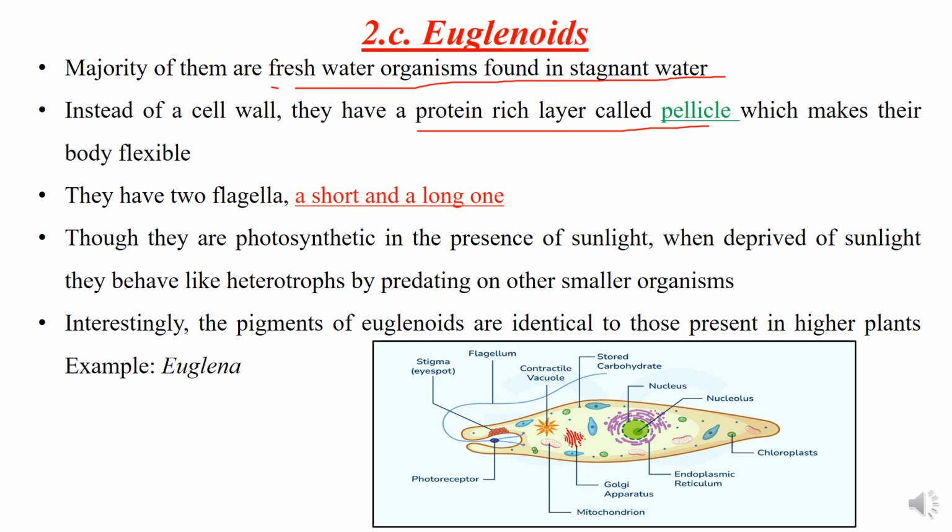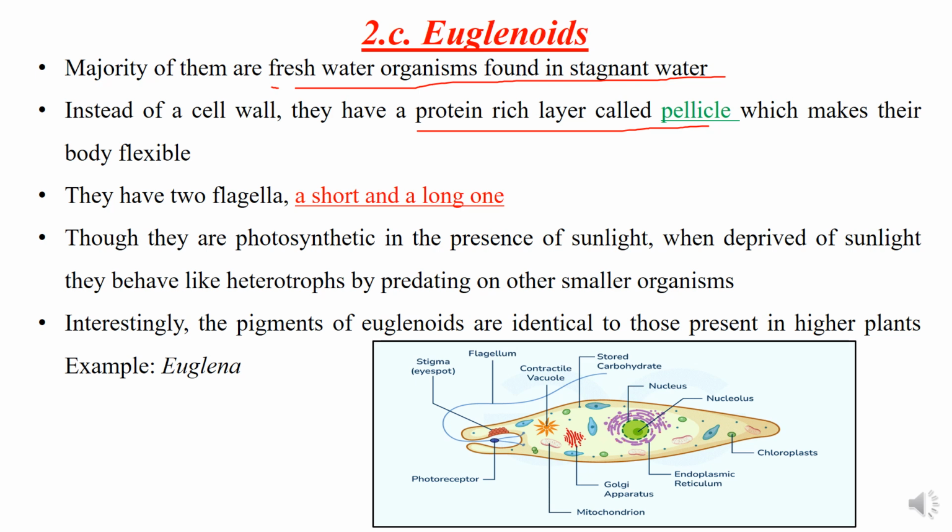They also have two flagella, one short and one long. Here you can see the long flagellum and short flagellum. They are photosynthetic in the presence of sunlight. In the absence of sunlight they can become heterotrophs and prey on small organisms in the stagnant water.